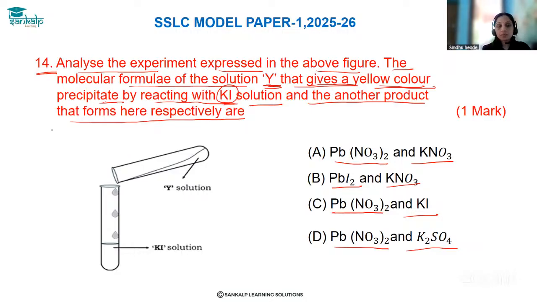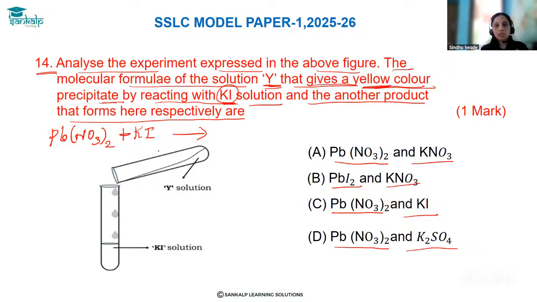See here, Pb(NO3)2 is nothing but lead nitrate. It reacts with this KI. KI is nothing but potassium iodide, right? It gives a product that contains the yellow color precipitate.